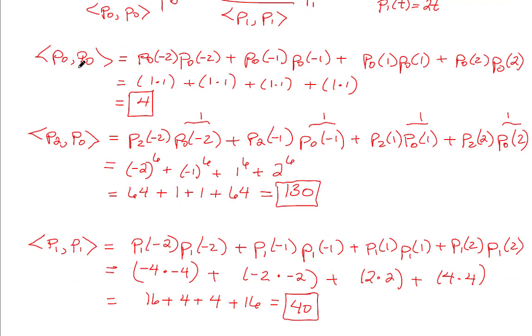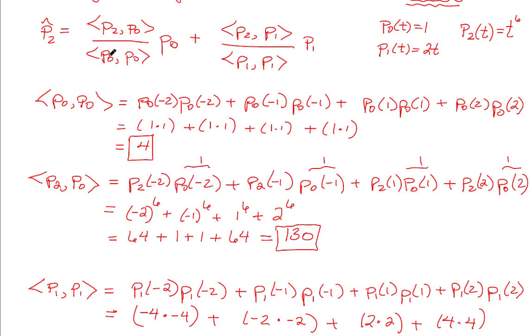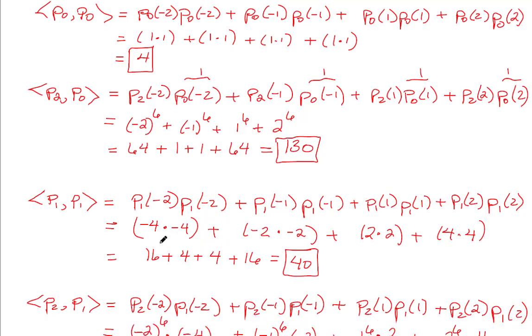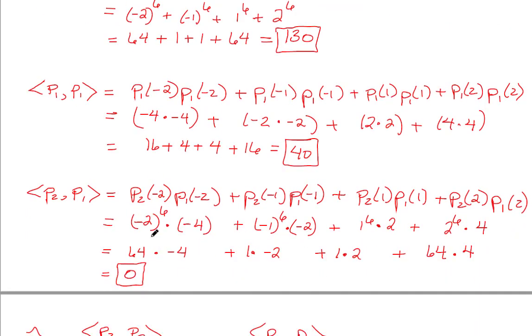So lots of things to grind out. So I need P0, P0, P1, P1, P2, P0, P2, P1. So I won't bore you with the details, but you have to plug it in to all three of your pieces and grind out that calculation. So just be careful. It's easy to lose a sign or miscalculate.